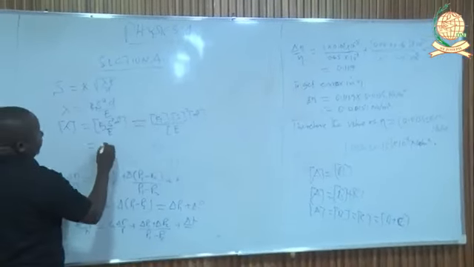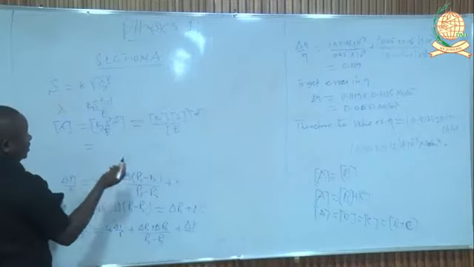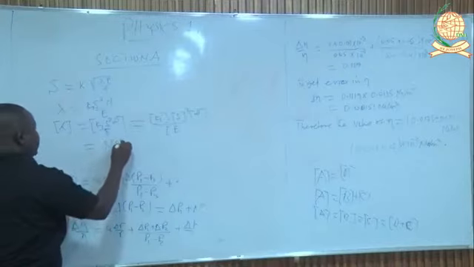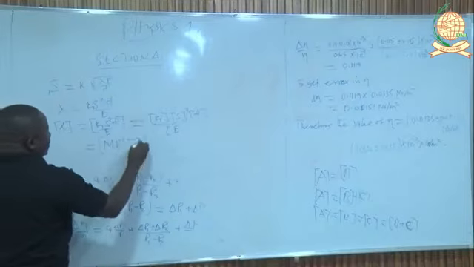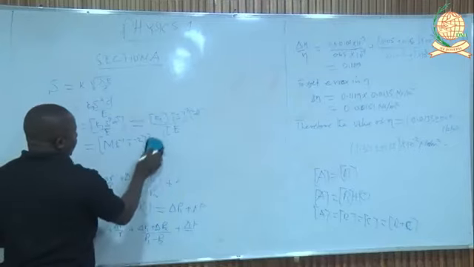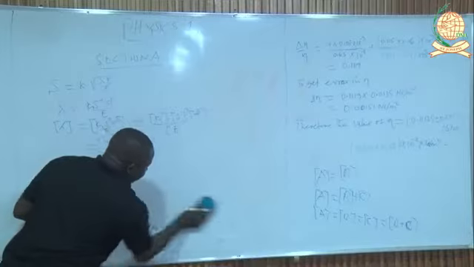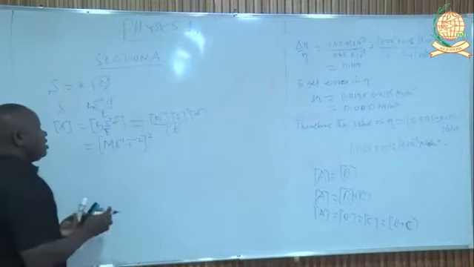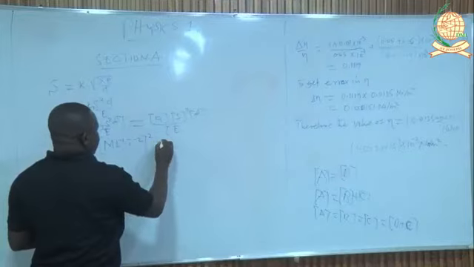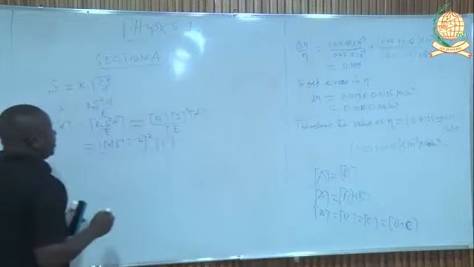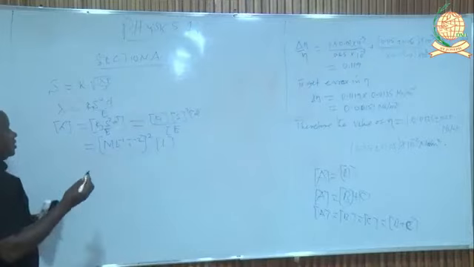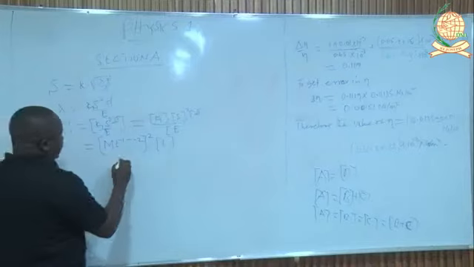K is dimensionless, so we don't write its dimension. So S is force per unit area, which is M L to the minus 2 T to the minus 2, and then it's squared. The dimension of D is L, and the dimension of E, which is the Young modulus, is stress per unit strain, but strain has no unit, so it has the same dimension as stress.